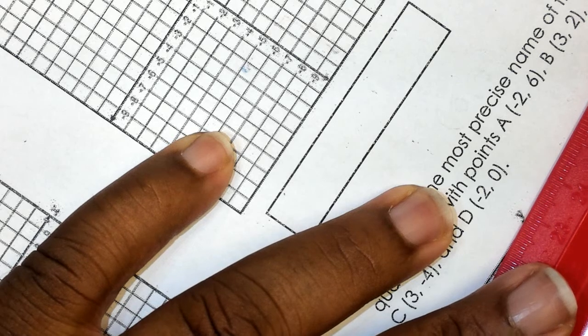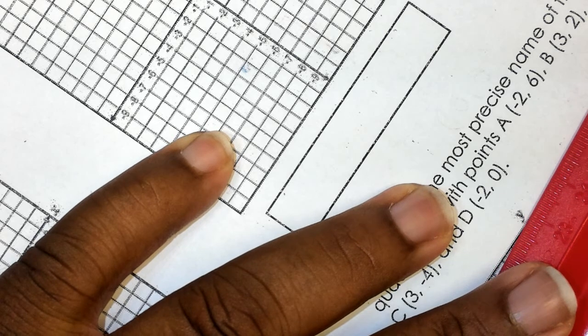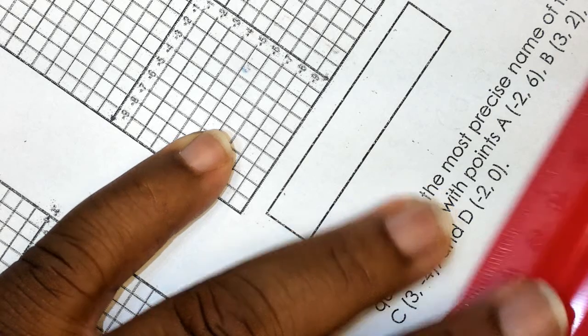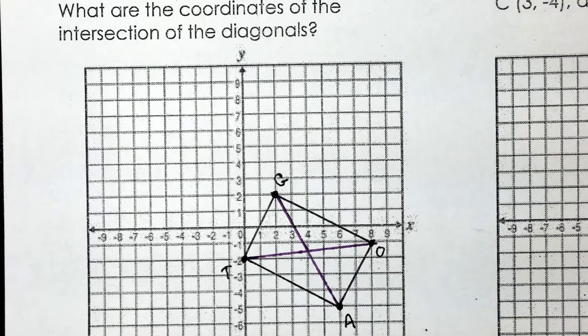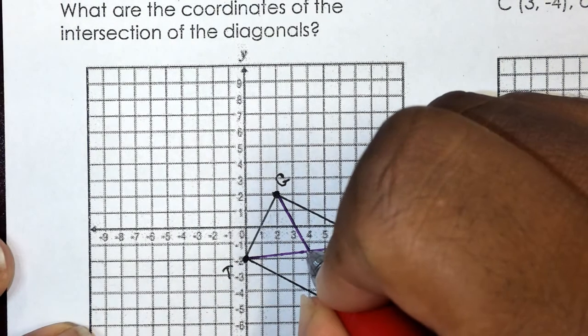And then O to T. So like I said, if you're drawing with a straight edge, you could probably get this without calculating. But if you're not, you're probably going to have to calculate. And I'll show you how to calculate. Like for me, I think I drew mine straight enough.